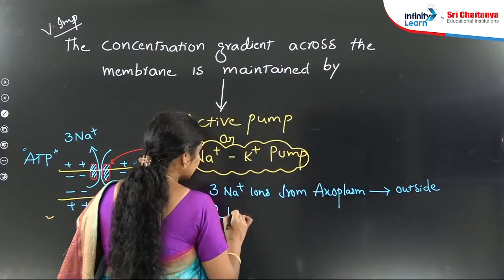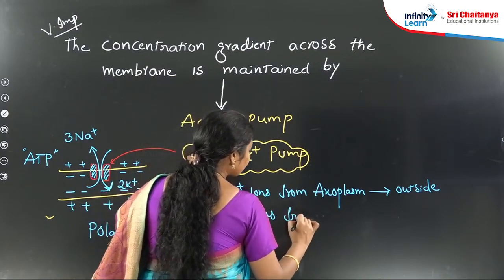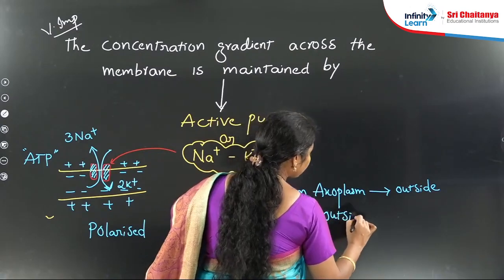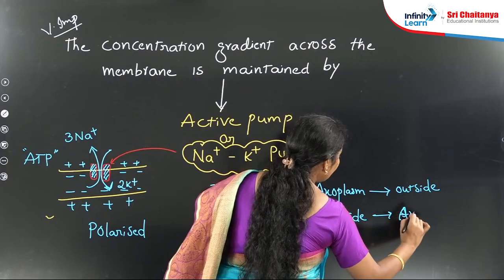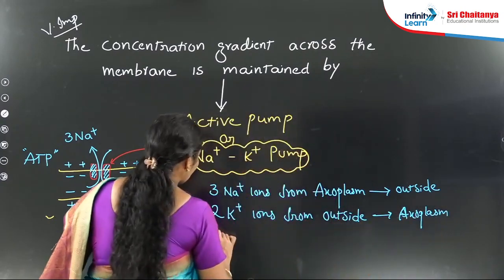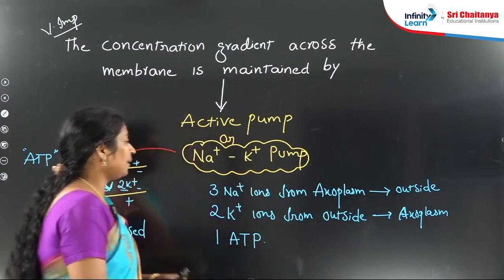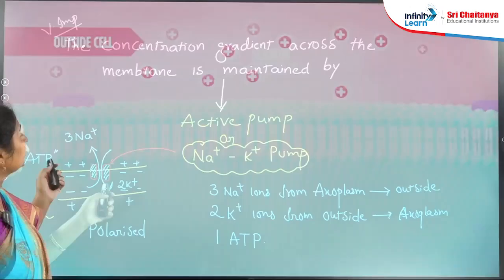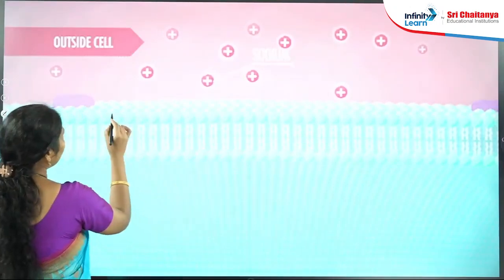Simultaneously it pumps 2 potassium ions in the reverse manner, from outside to the cytoplasm or inside, at the cost of 1 ATP. So this pump is very important for maintaining the polarized state. Just observe this picture. This is the membrane.